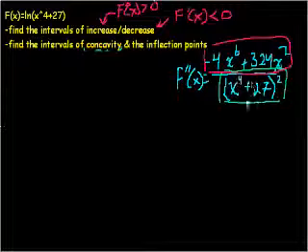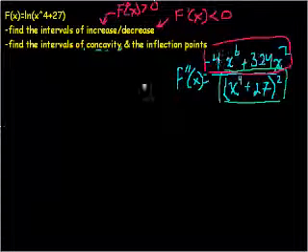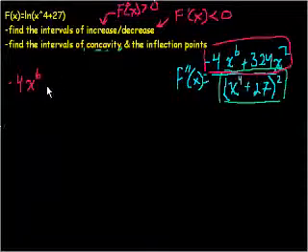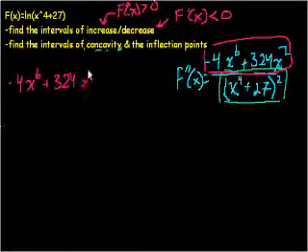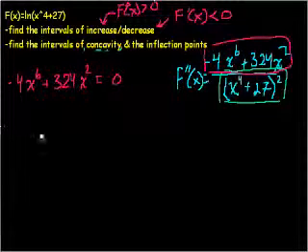Because the denominator is always going to be positive. So let's figure out those intervals. First of all, when does minus 4x to the 6th plus 324x squared equal 0?